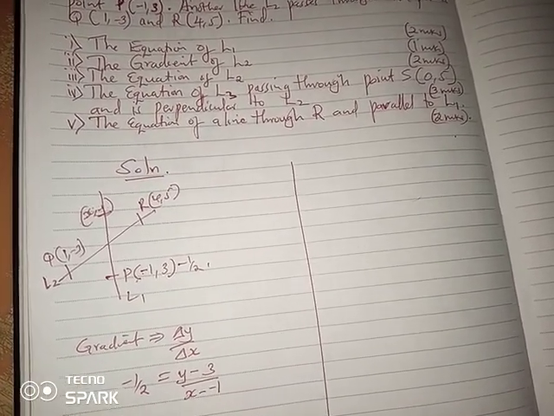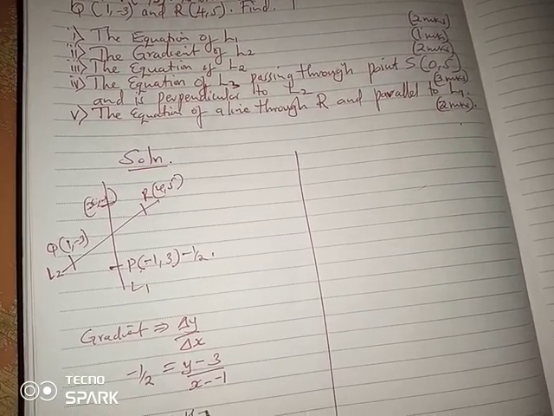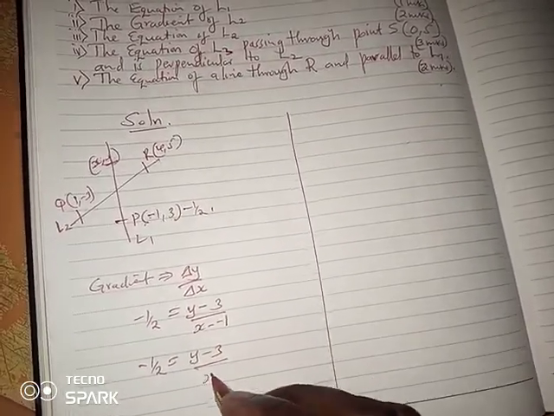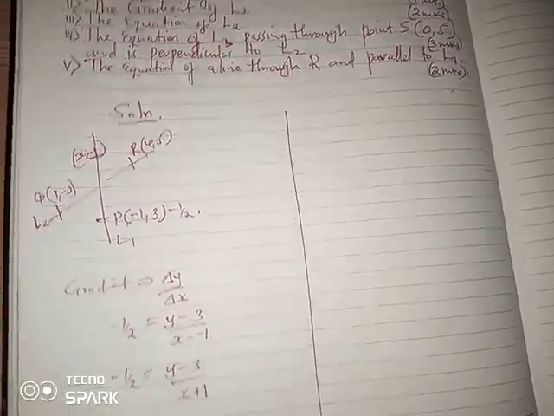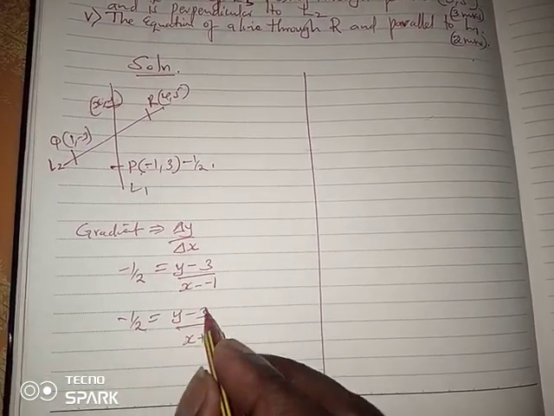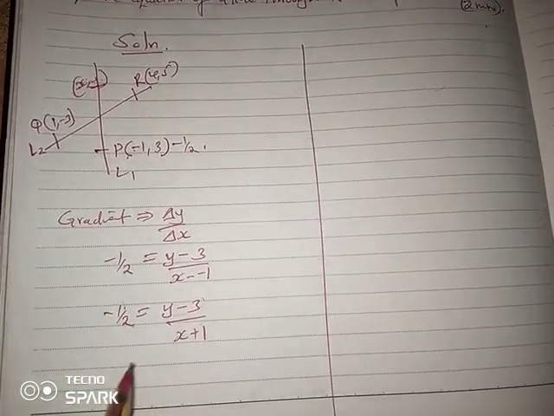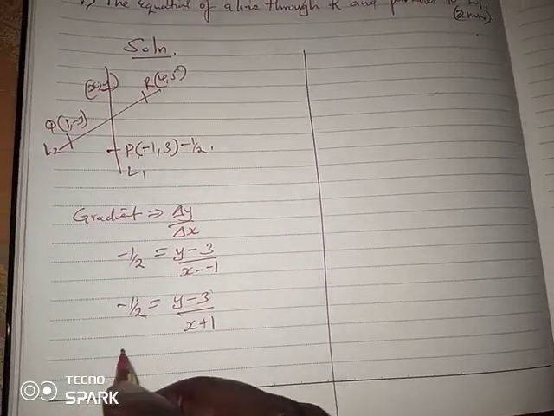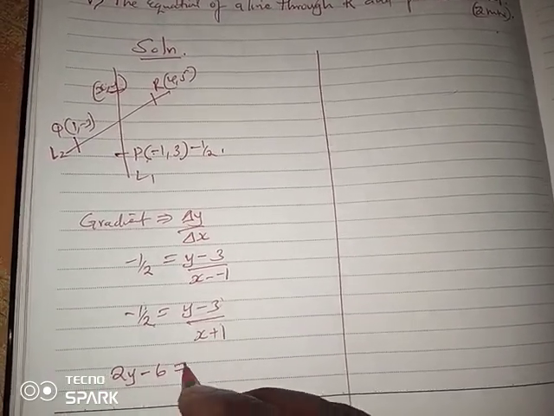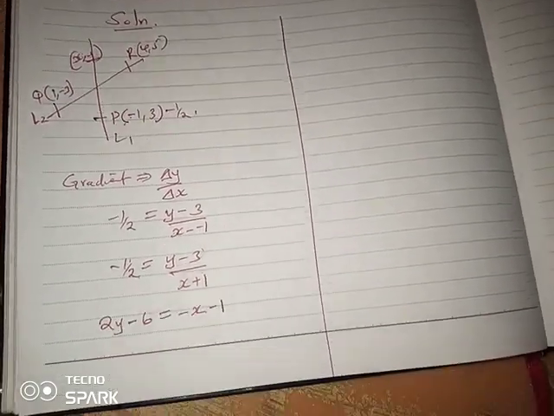Cross multiplying, negative a half equals y minus 3 over x plus 1, since minus minus is a plus. Cross multiplying, 2 multiplies the numerator on the other side, and negative 1 goes with the denominator. So I shall have 2y minus 6 equals negative x minus 1.